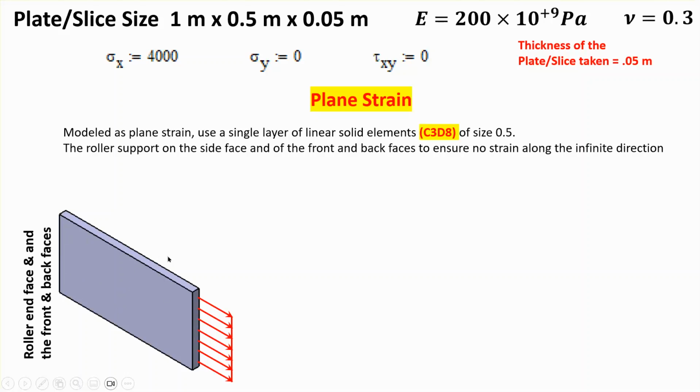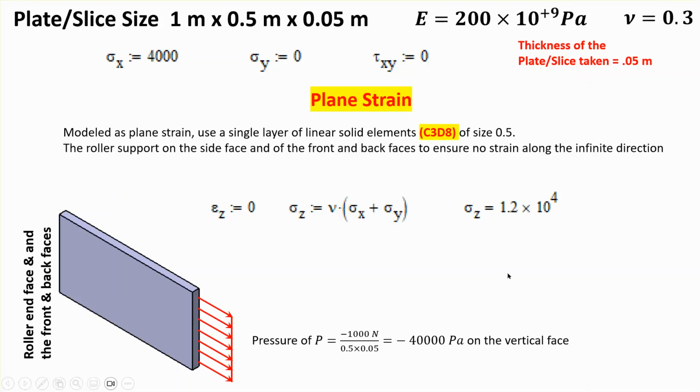That will simulate the infinitely long object in the z direction. Okay, and the same pressure is applied. So we are going to find out what is the stress along the infinite direction, along this direction, and it better be this number. So I'm going to check this number.